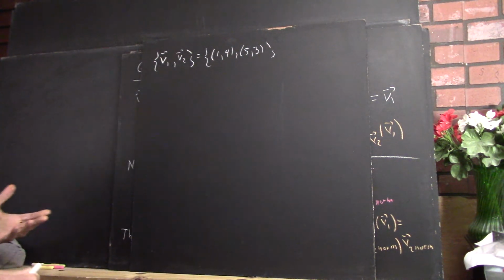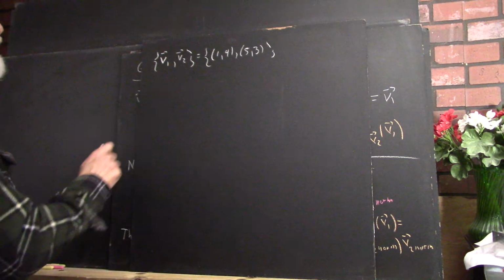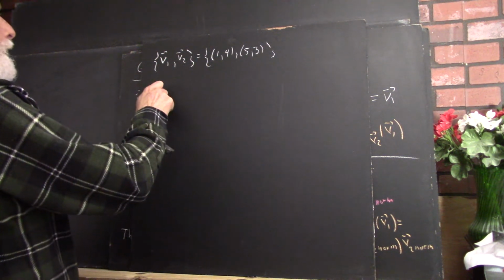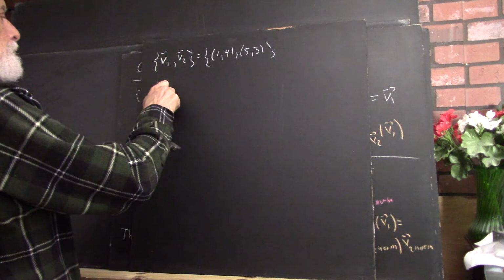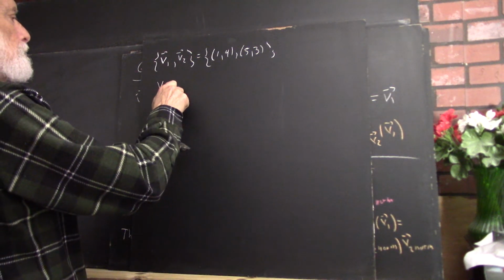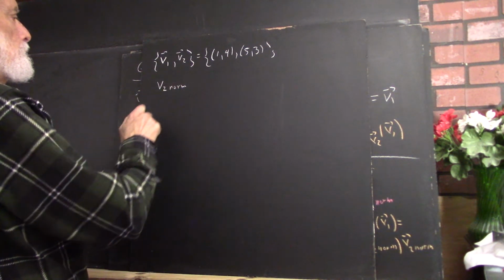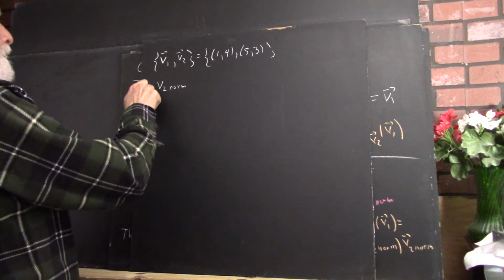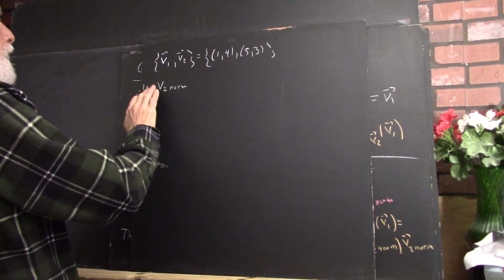Okay, V1, V2 is (1, 4), (5, 3). So I'm going to say V2 norm, and I'm going to call that U2.